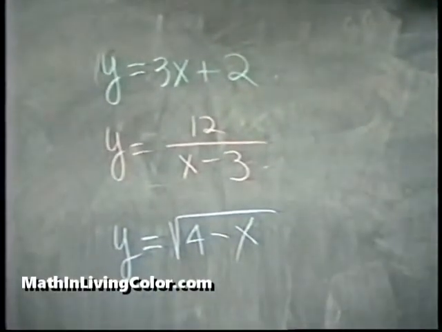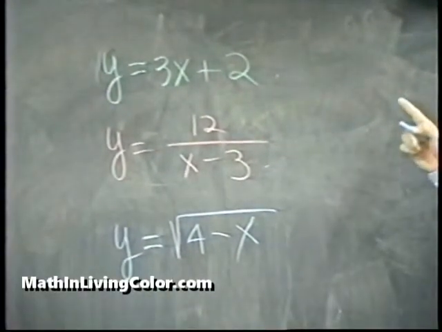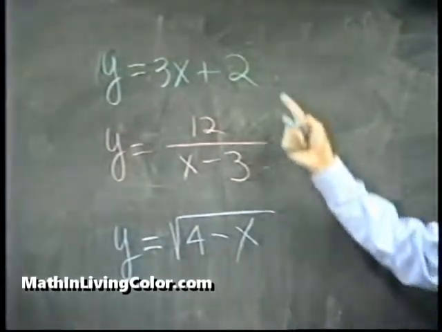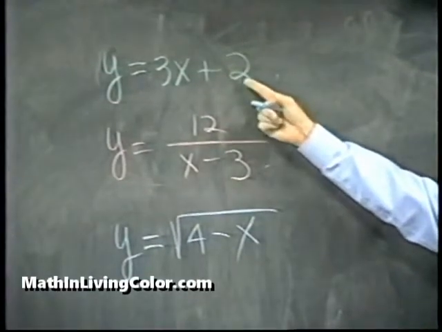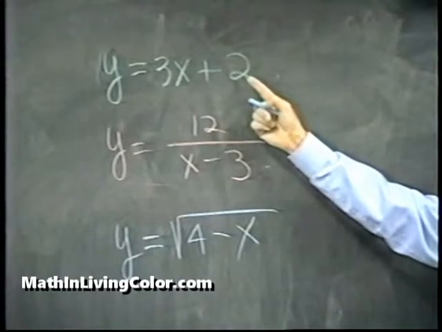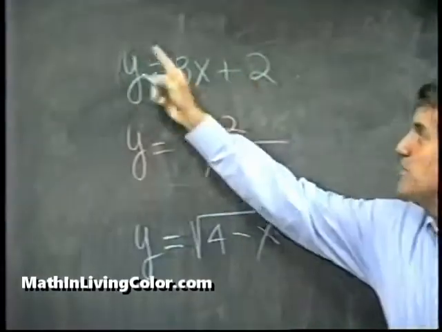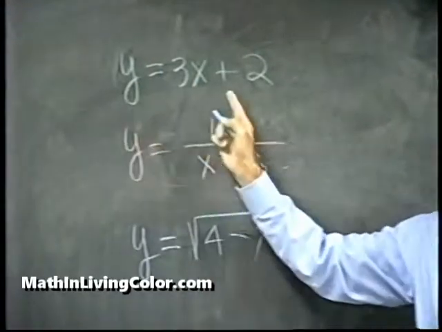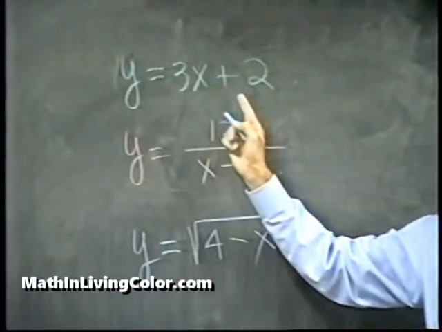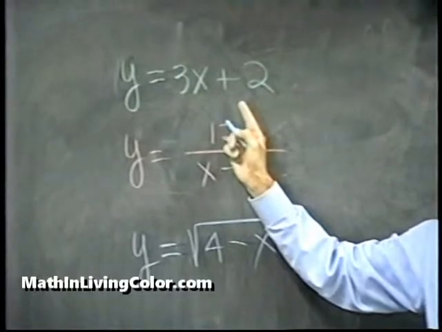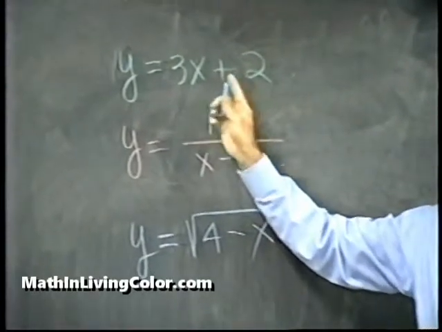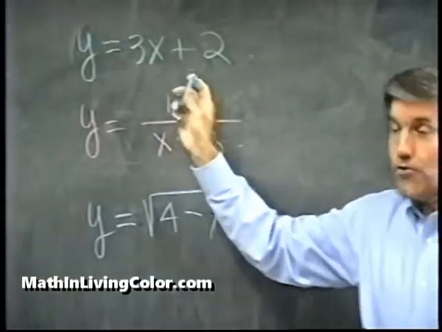I want to find the domain of these three problems. Look at the first problem, y equals 3x plus 2. The domain means the set of all permissible x values. What values of x are permissible in this problem? Are there any restrictions? No restrictions, right? That means x could be what? Anything. From what to what?